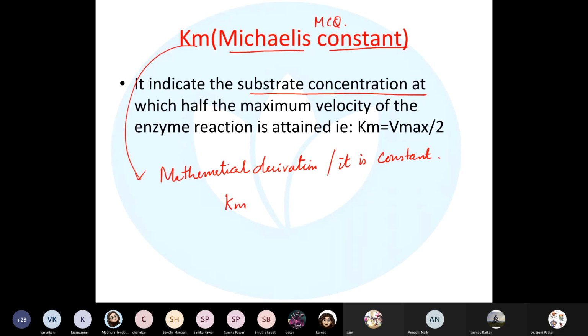That is, Km corresponds to Vmax by 2. Vmax is the maximum velocity, right? So Km indicates half of Vmax. Are you all getting the point? If Vmax is 100%, Km corresponds to 50%.